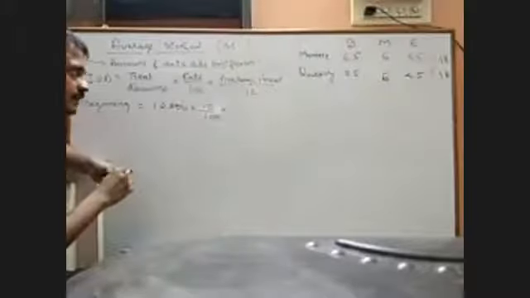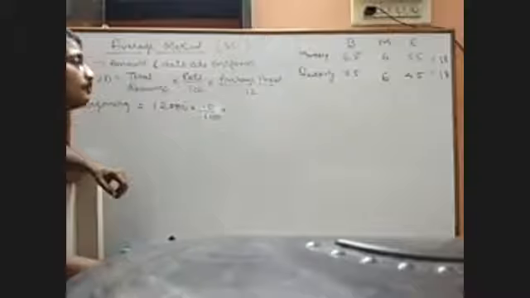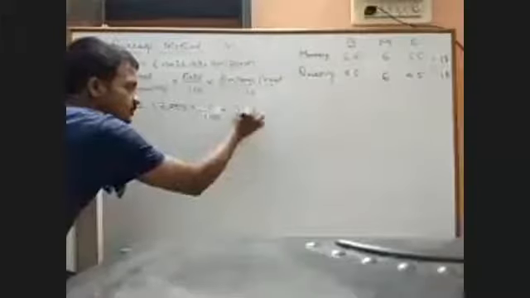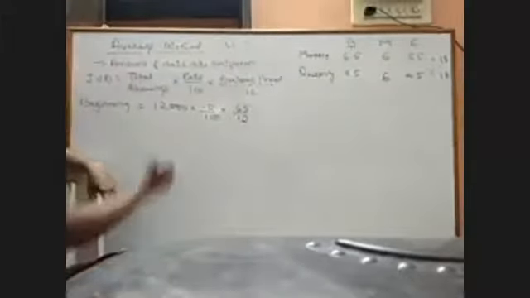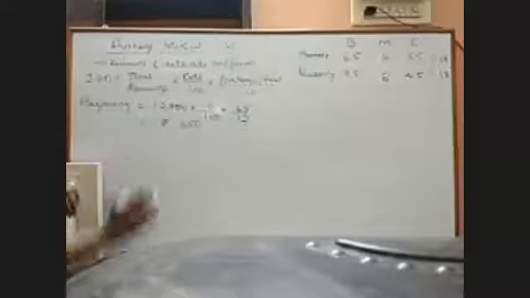And the rate is 10%. 10 divided by 100 into... You tell me what is the average period for monthly beginning? 6.5. So it should be 6.5 divided by 12. Now what will be the amount? It will be 650. Rupees 650.